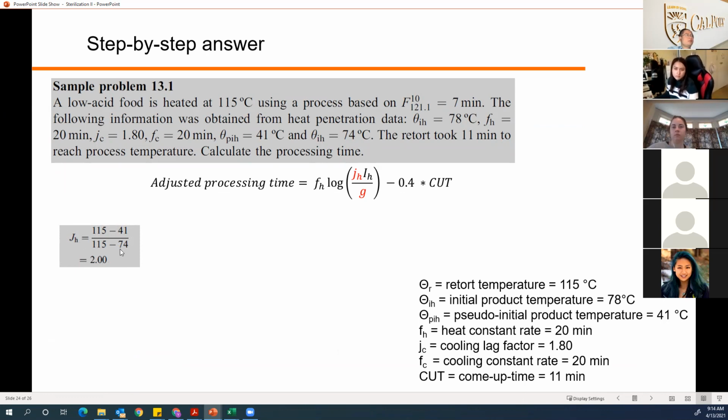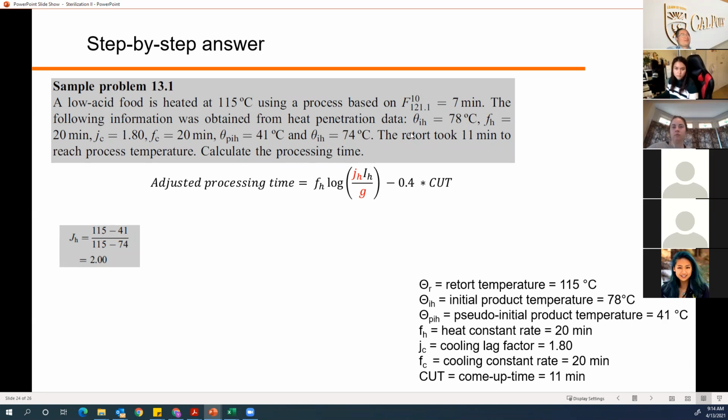And if you look at here, they use 74 degree F instead of 78 because I think there was something wrong with this question in the textbook. They give two initial product temperatures. They assume you used one for the thermal lag factor and they use another one to calculate IH.